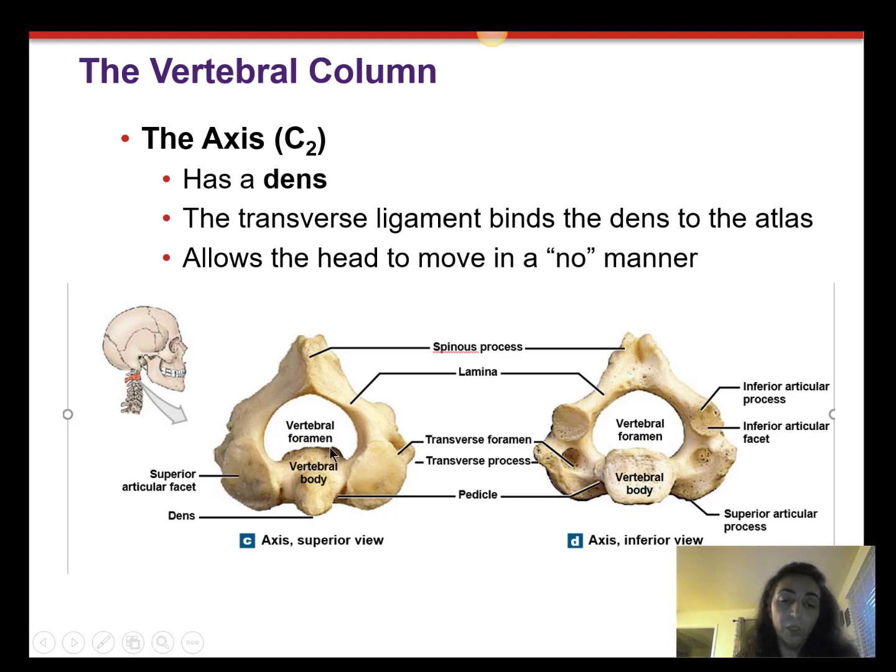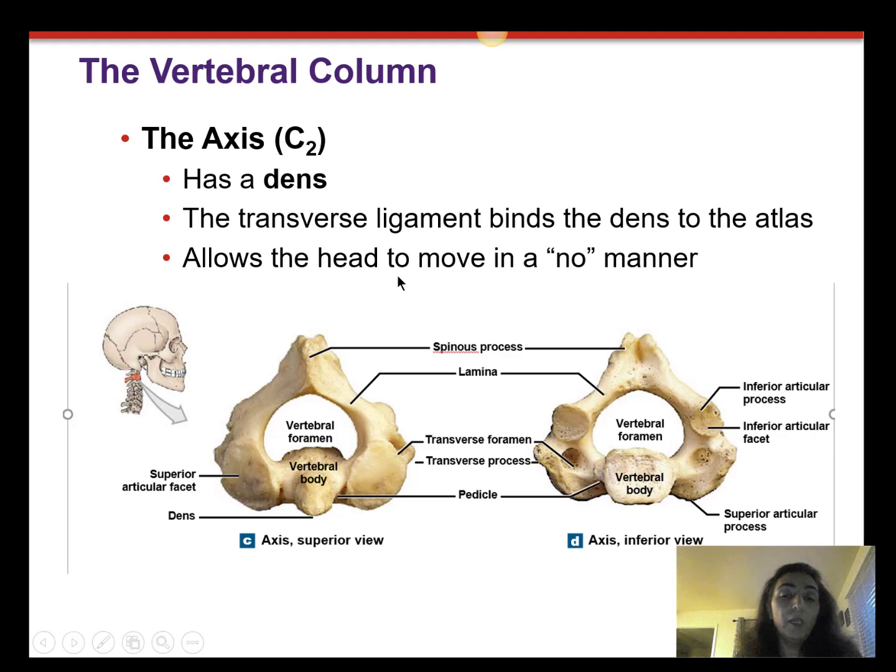C2 has a body, in contrast to C1, and it has one arch, and it has a vertebral foramen that is smaller than the C1. And over the body, you see that this part has been projected upward. This is the one that we call dens, and in the next picture you will see how the axis is going to be connected to the atlas to make a joint and rotate over each other, right?